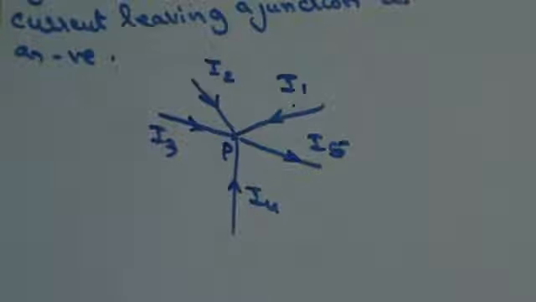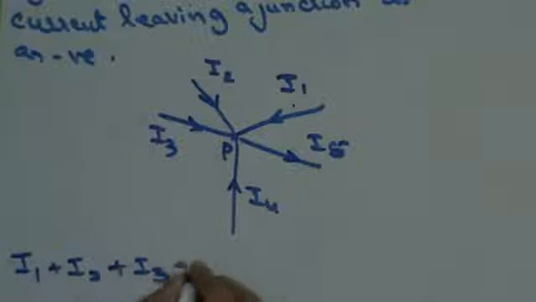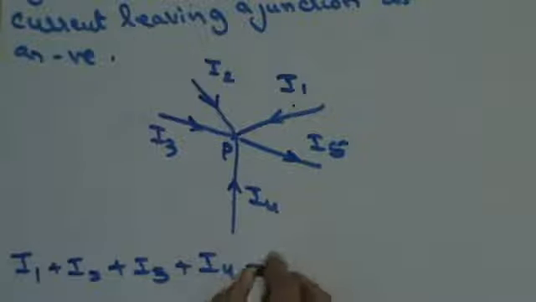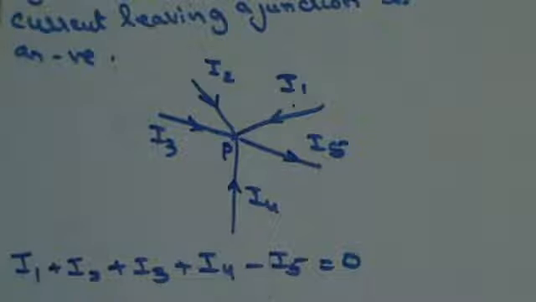The current approaching the junction is treated as positive. I1 to I4 are approaching the junction, so I1, I2, I3 and I4 are positive. I5 is leaving the junction, therefore I5 is negative, and the sum of the currents will be 0. So this is Kirchhoff's first law.